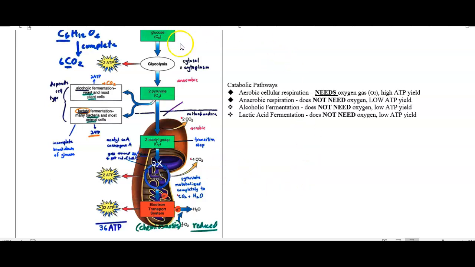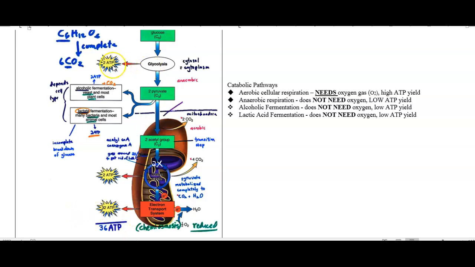Each of these steps, glycolysis, transition step, and Krebs cycle, are all making electron carriers, and they go to the electron transport system where most of the ATP is made. We're only going to talk about eukaryotes in this class. 32 ATPs.